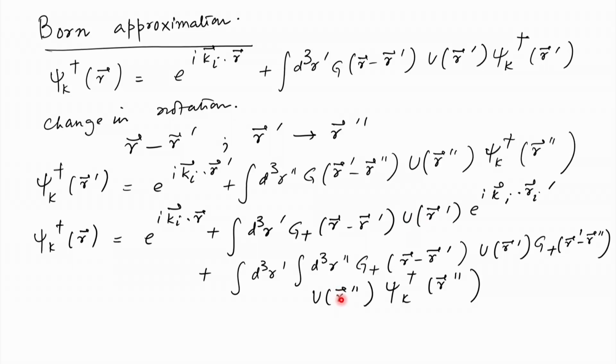This depends on u and u prime, or rather two powers of u, and a third iteration will bring in another u and so on. So, let us consider u to be small and drop all terms that are quadratic in u and onwards, in which case we only keep the first two terms in this expression, and that is called the Born approximation. So, just one power of u.